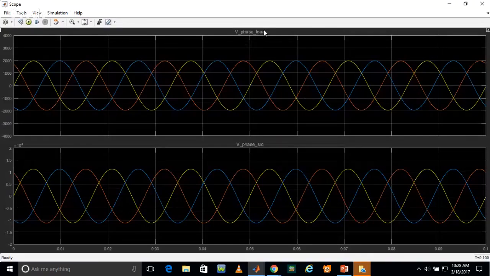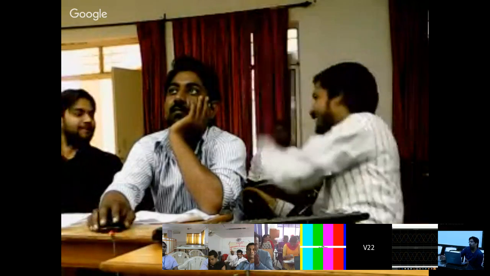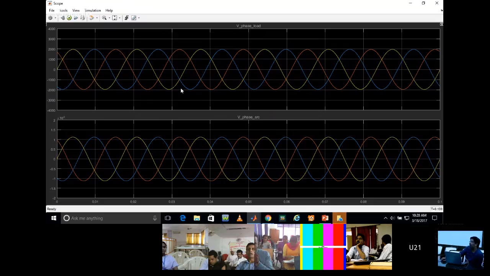that the V phase load, that is the voltage present at the load side, is about 2000 volt. Maximum value is coming at 2000 volt because some of the voltage will be dropped between those lines when coming up to the transformer to our RLC load. So a little bit of voltage will be wasted there, and our RLC load will have up to 2000 volt maximum.